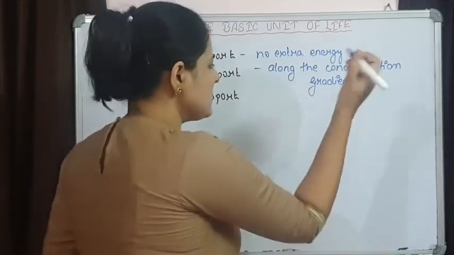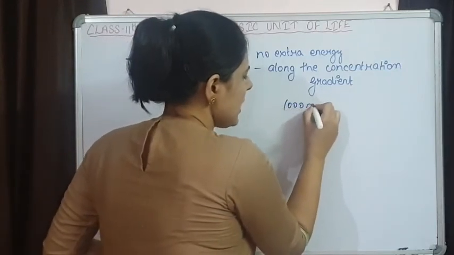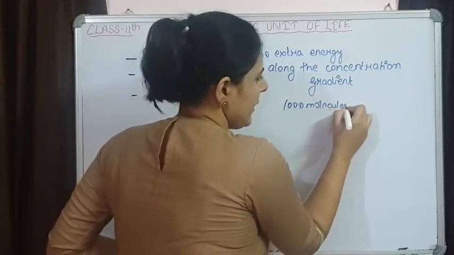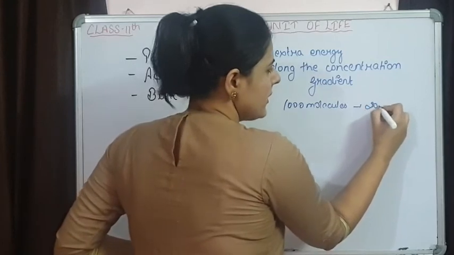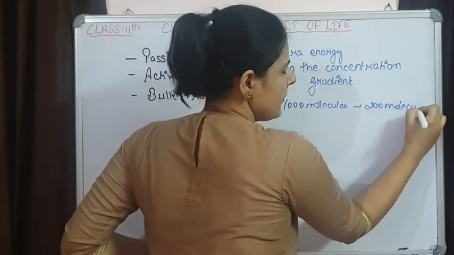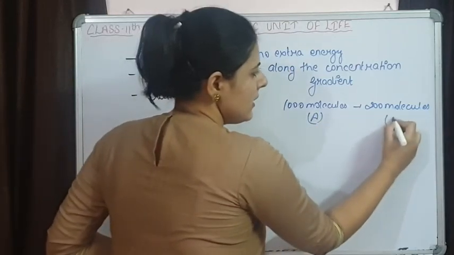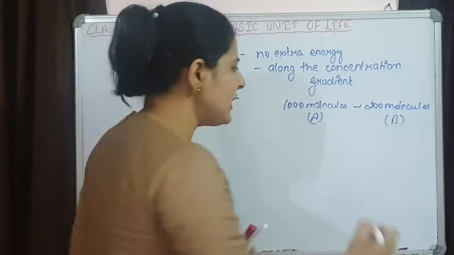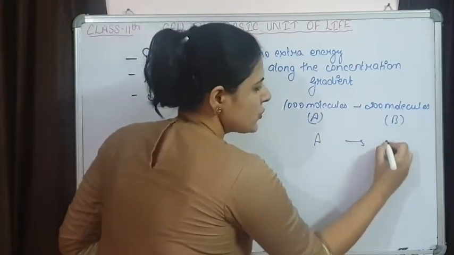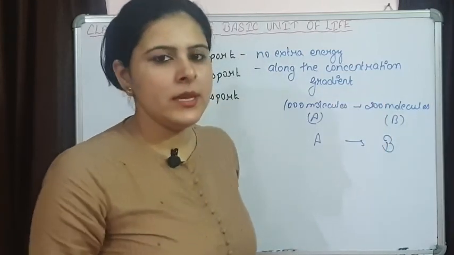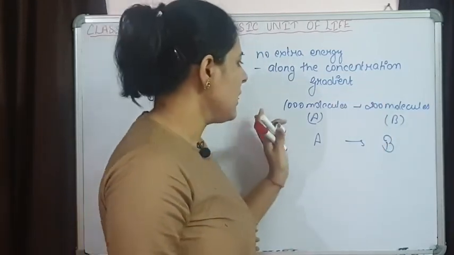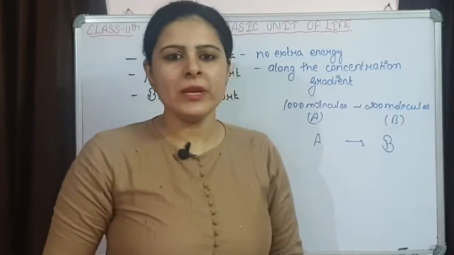Suppose on one side 1000 molecules are present and on another side 200 are present. Then the movement will be, say this is A and B. So movement is going to occur from A to B. Now if I ask that up to when this movement is going to occur?